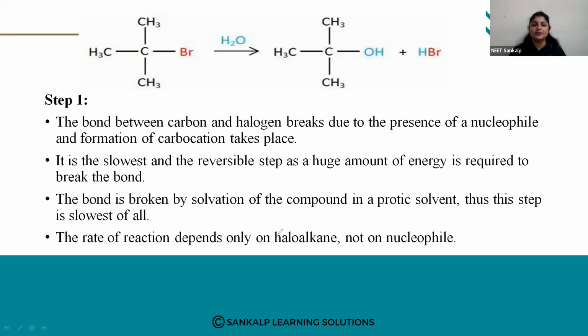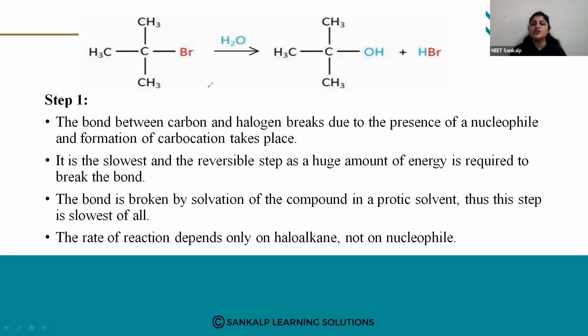In the first step, the bond between carbon and halogen will break due to the presence of a nucleophile, and formation of a carbocation takes place. Some bond is present between the carbon and halogen here, so it will break.